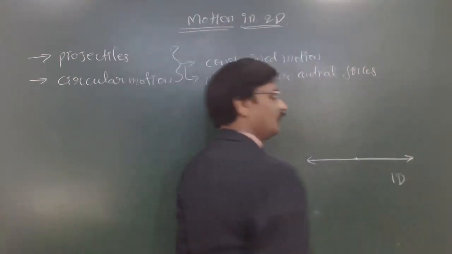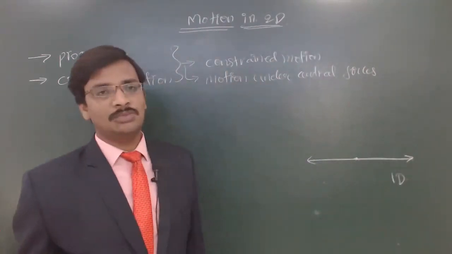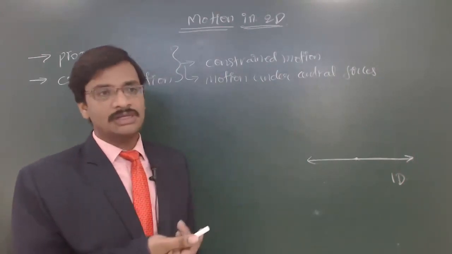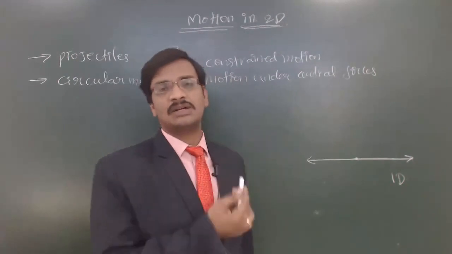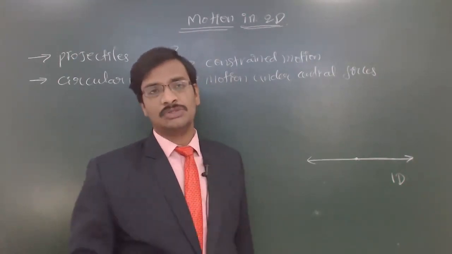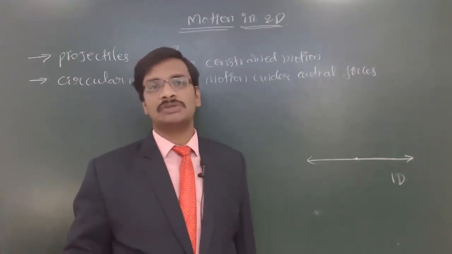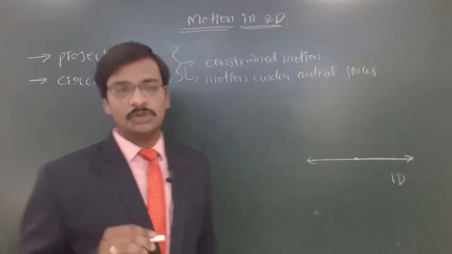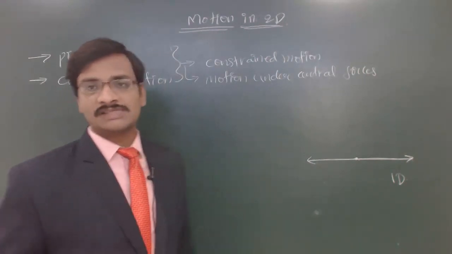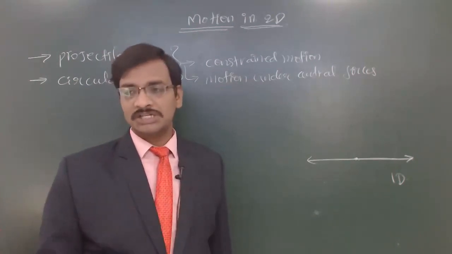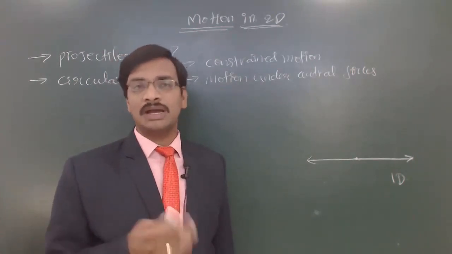Now if you take the projectile, suppose I throw this chalk piece, then obviously there will be a certain height at any instant of time and there will be a certain displacement from my initial position. So these are the two different dimensions we have to describe in two-dimensional motion. Projectile is one such example where you have to worry about the displacement from the initial position and, at the same time, the height at any instant.